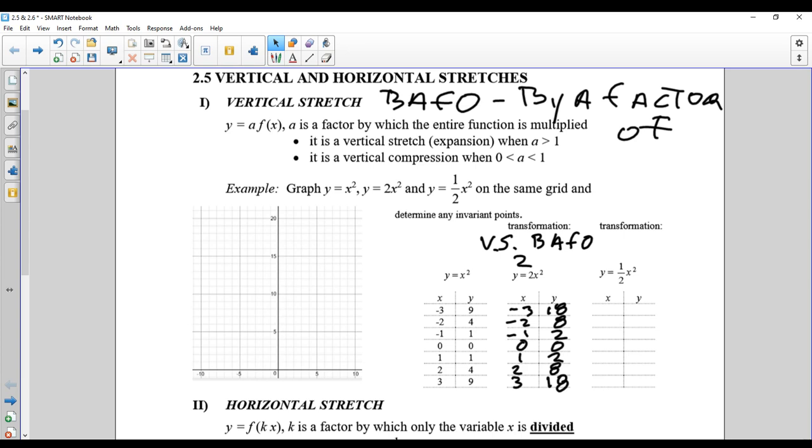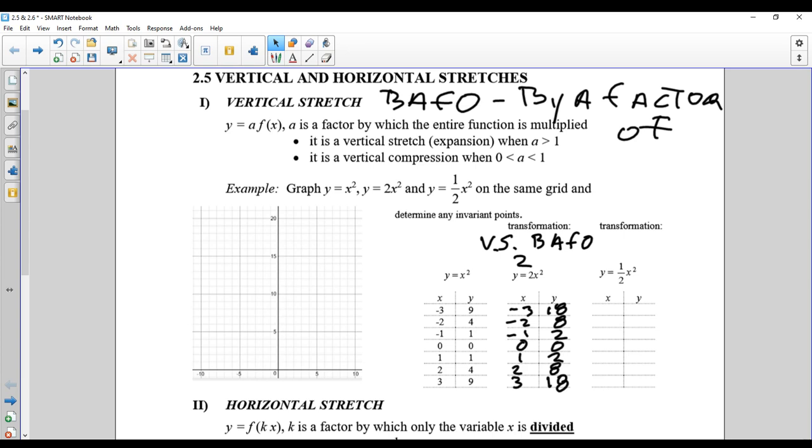Good question. So we're going to go ahead and draw the new graph, which represents 2x squared. And we're going to draw half x squared after that. This is a vertical stretch by a factor of 2. Every single x value stays the same. Every single y value is being stretched, is being expanded. Sometimes people call it vertical expansion. I've heard that term used before. Apart from vertical stretching, the vertical expansion, same thing.